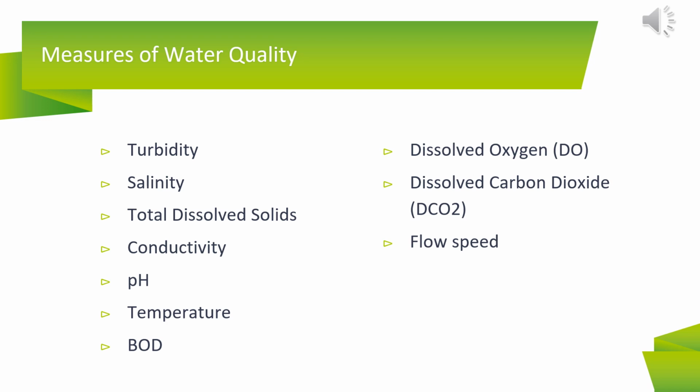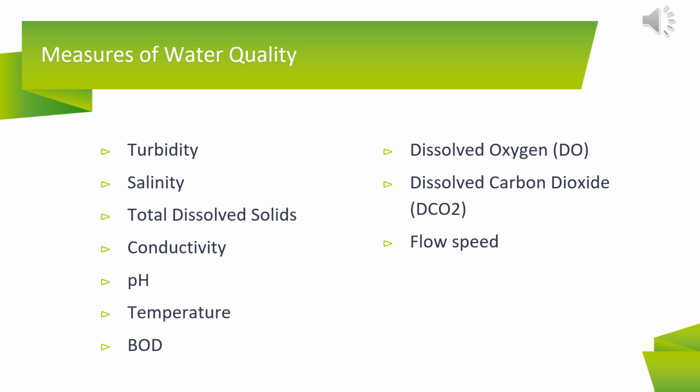Here are some of your common measures of water quality. Remember, we have turbidity, or how clear is the water. Salinity, what is the salt content? Total dissolved solids, what is actually suspended in the water, and how much of those are there? Conductivity, how well do the ions in this aquatic solution transfer electricity?